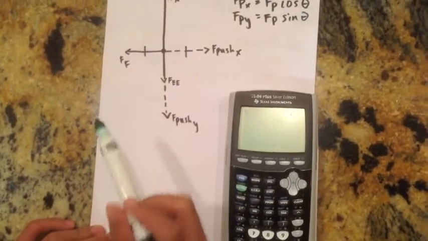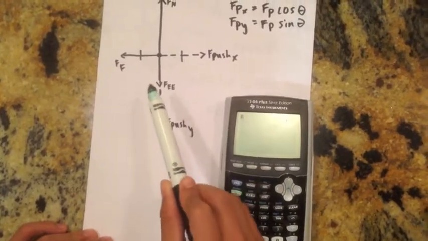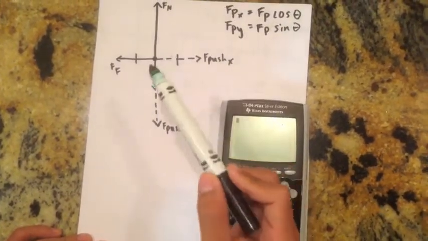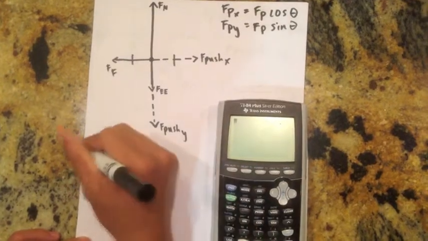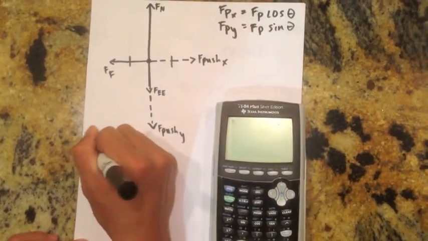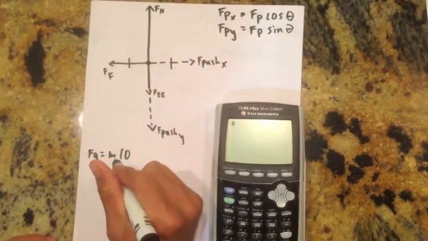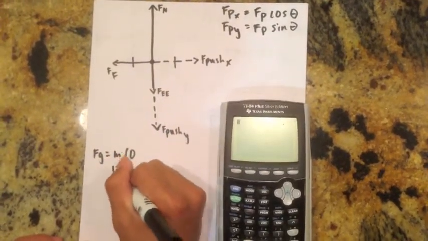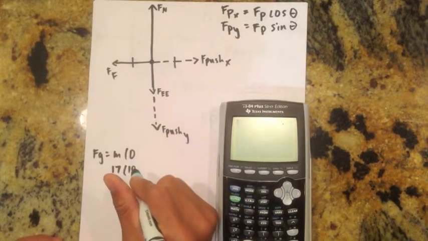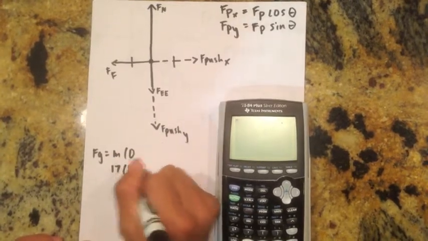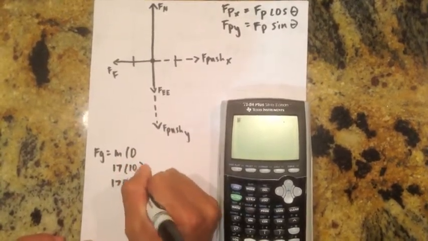Now that we have the equations, we're going to plug in the numerical values to create our quantitative force diagram. First, we'll find the force of gravity, which equals m times 10. We know the mass of the lawnmower is 17 kilograms, so the force of gravity will equal 170 newtons.